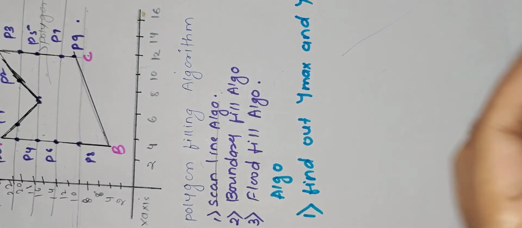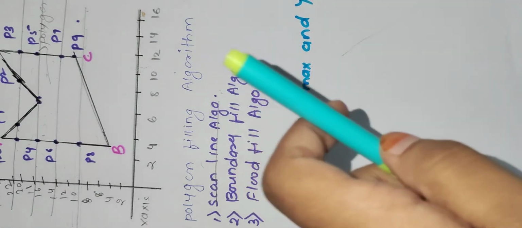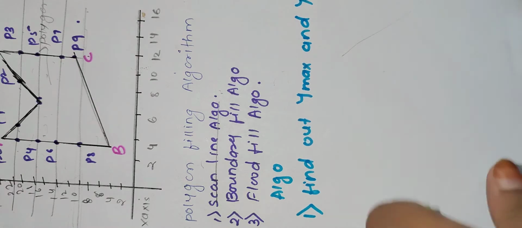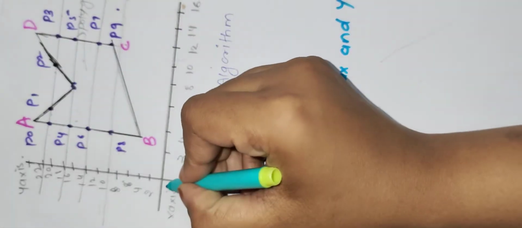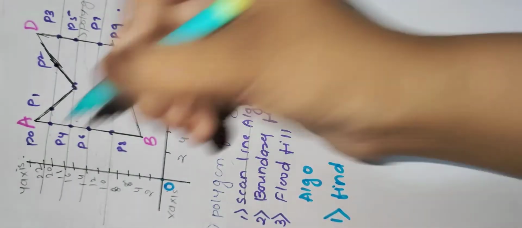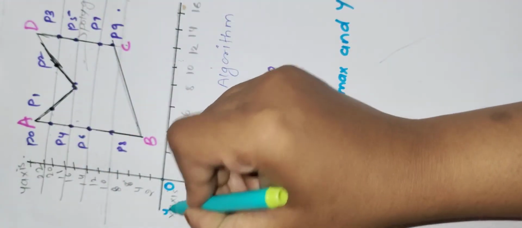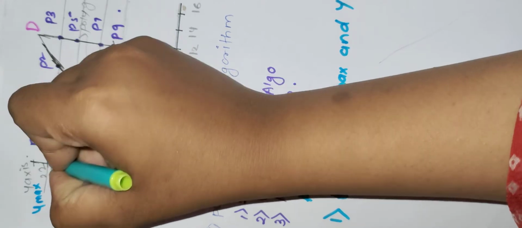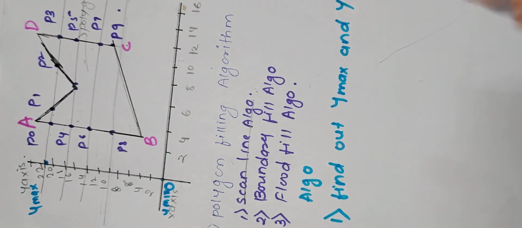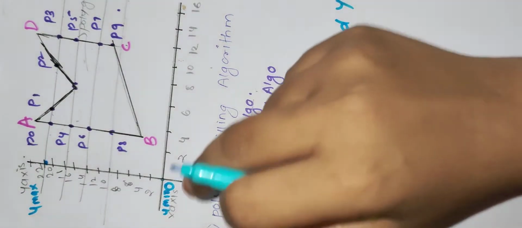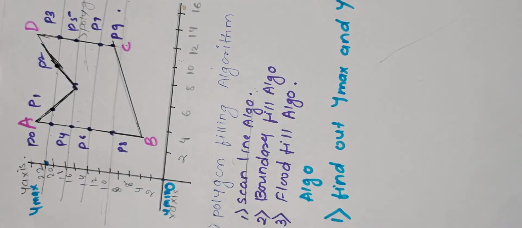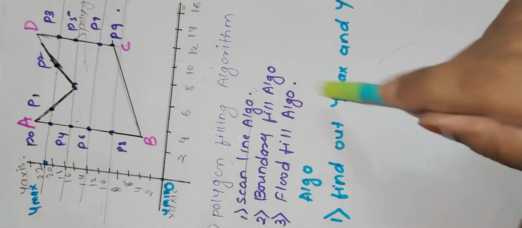Here this is the x-axis and this is the y-axis. What is the y minimum? Here 0 is the y minimum, and what is the y maximum? 22 is the y maximum. So the first point is clear: we have to calculate y minimum and y maximum.